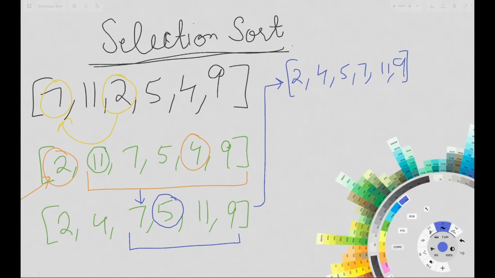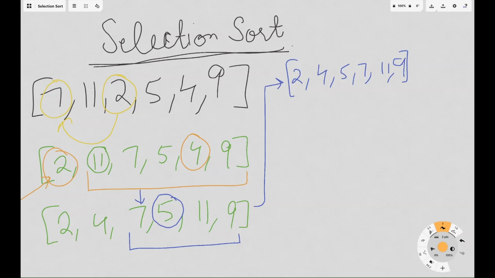Next we will consider this as the subarray, smallest element 7, replace it with the leftmost element of the subarray, which is this only, so the array will remain the same, which is 2, 4, 5, 7, 11, 9.